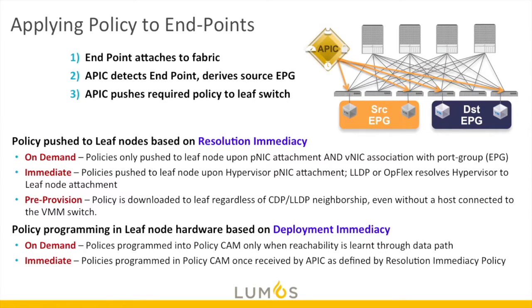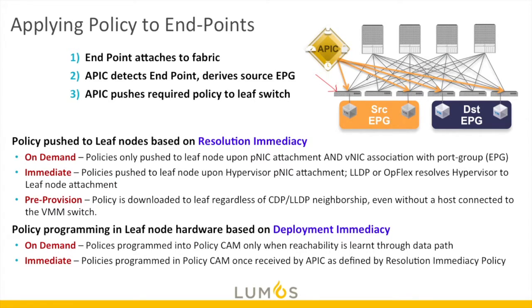So, applying policy to endpoints. In ACI, when we talk about an endpoint, that's a VM or a physical server. So how do we push the policy? We have two different places to push policy. One is to push the policy to the node, and a node is a leaf here.